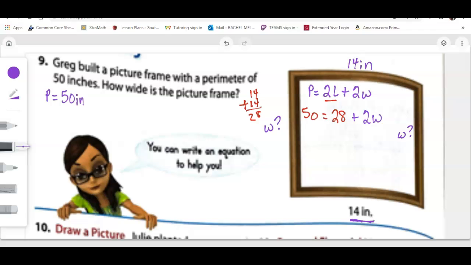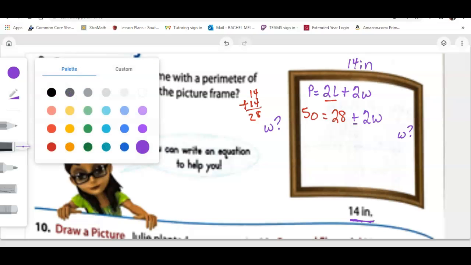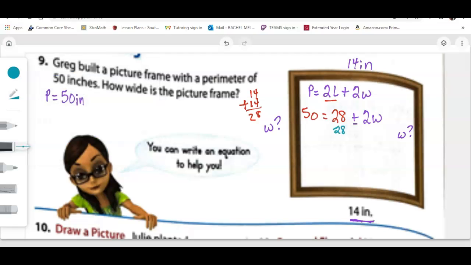So we're going to do the same thing that we did the last time to solve the equation. What is the opposite of addition? That would be subtraction. So I'm going to take away 28 from both sides.